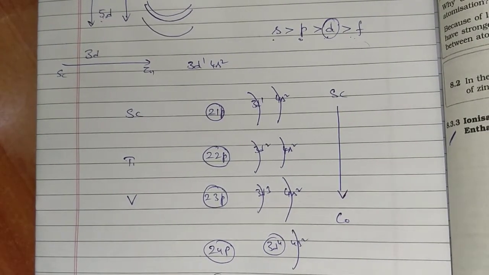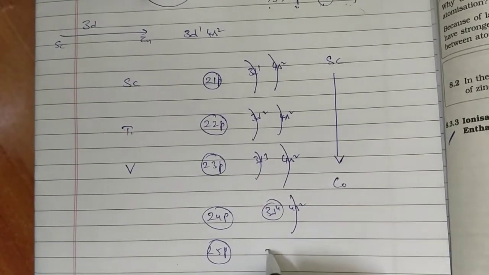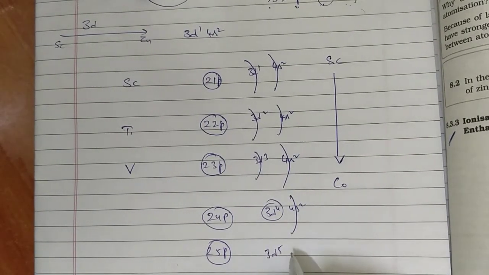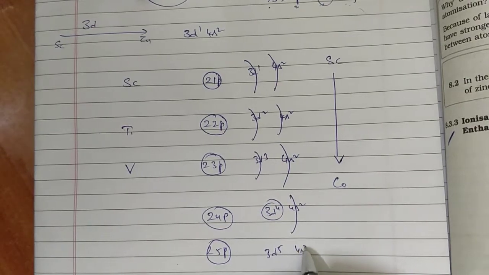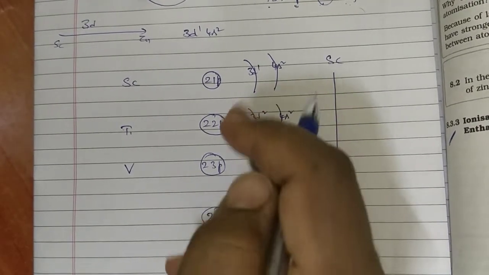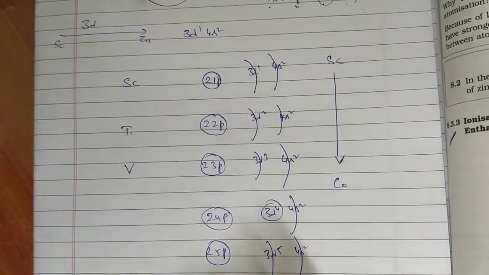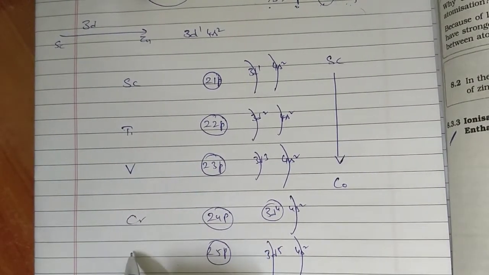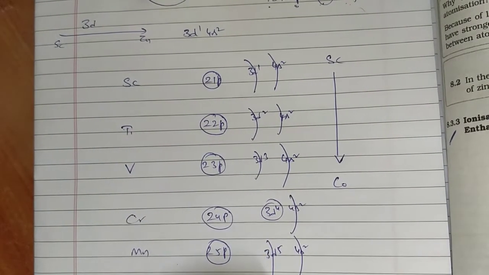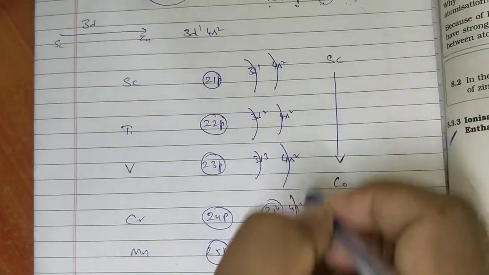Next 25 protons, 3d5, 4s2. Like that we are seeing from left to right: scandium, titanium, vanadium, chromium, manganese. Okay? Let us see.